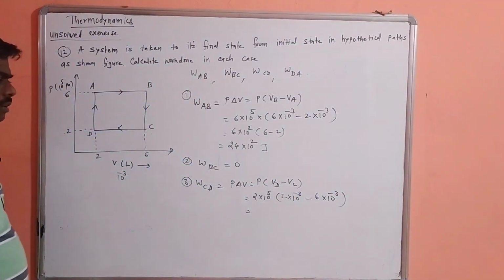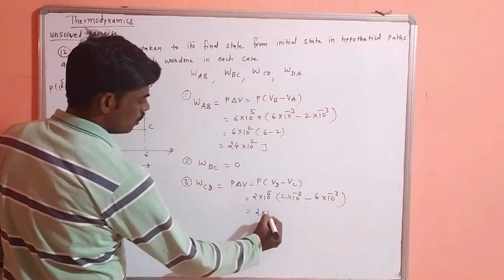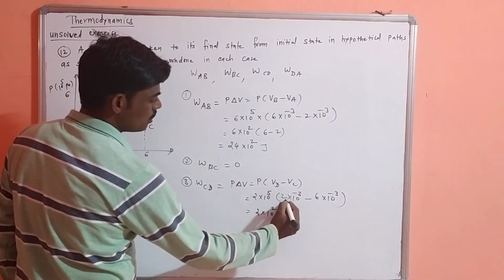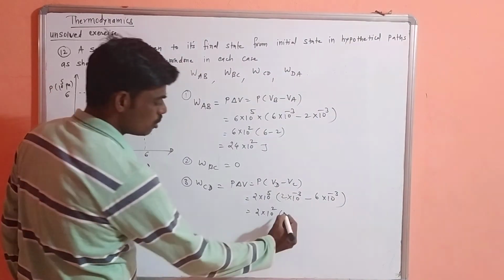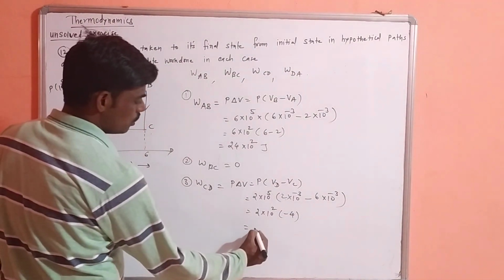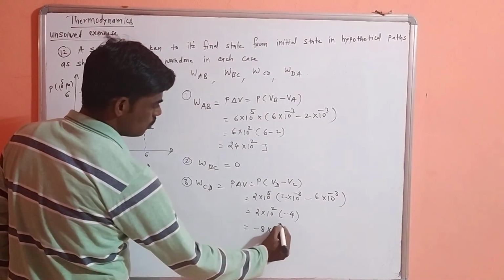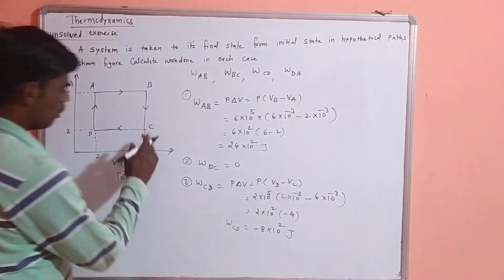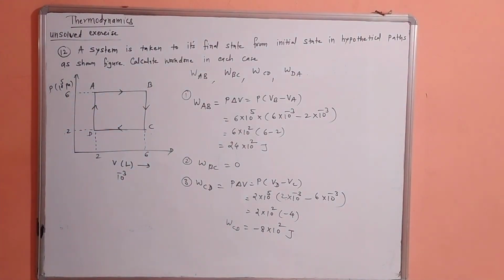Take 10 raised to power minus 3 common, 2 into 10 raised to power 2, 2 minus 6 becomes minus 4. So it is minus 8 into 10 raised to power 2 joule. This is the negative work along path CD. Why? Because there is compression of the volume of the system.